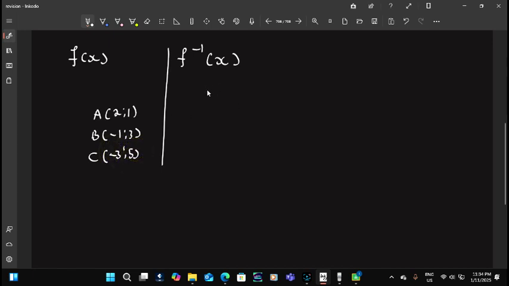So the inverse of those points, let me present it as an image like that. The inverse would be 1 mapped to 2, and then this one would be 3 mapped to -1, and then this one would be 5 mapped to -3.